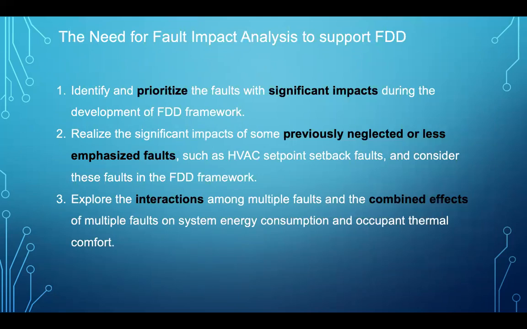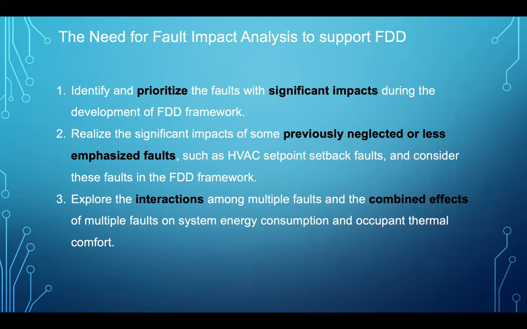To support the development of FDD, fault impact analysis is needed for the following reasons. First, it can help researchers identify the faults with significant impacts and prioritize these faults during the development of FDD framework.